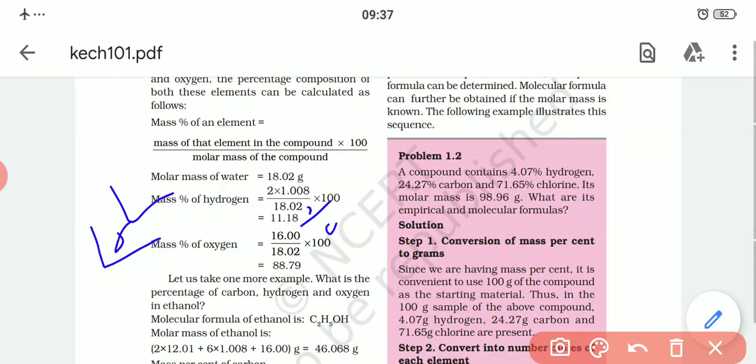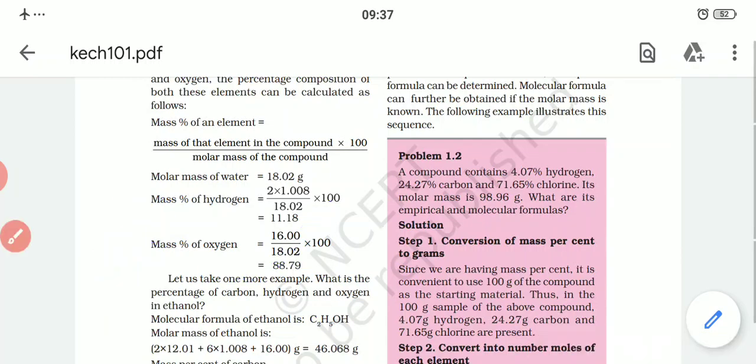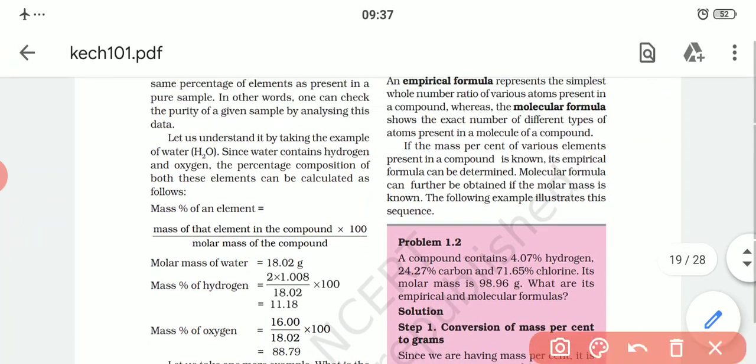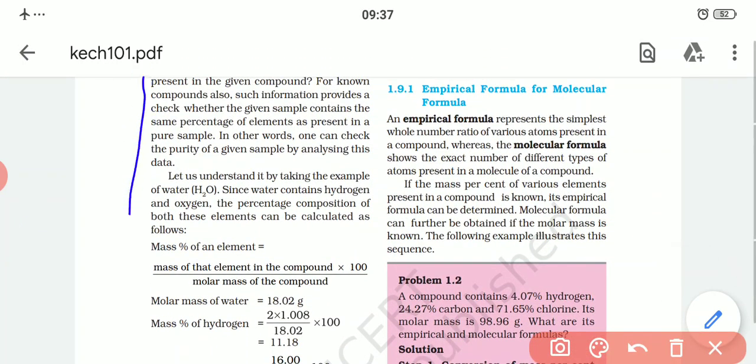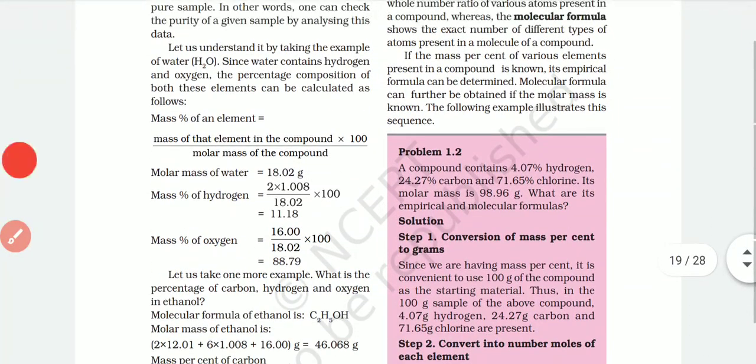The mass of oxygen is equal to the weight of oxygen. One oxygen is there, so weight of oxygen, mass of element in that compound, 16 divided by molecular mass, into 100, we get 88.79. Or we can calculate by another method: we have two components only, hydrogen and oxygen.